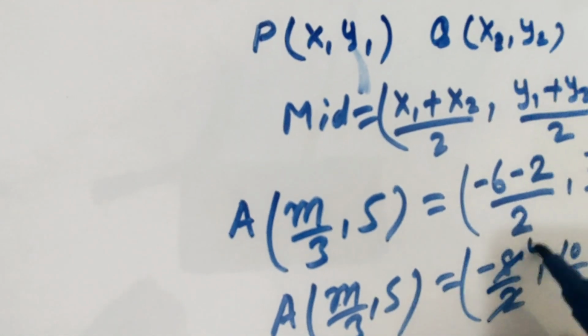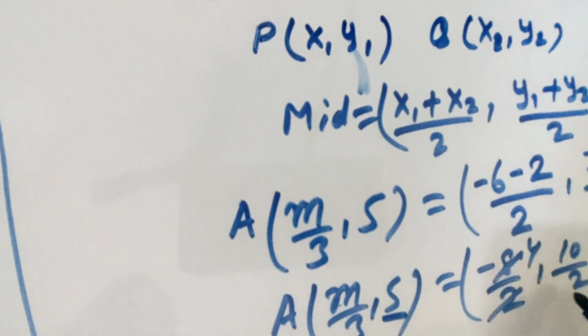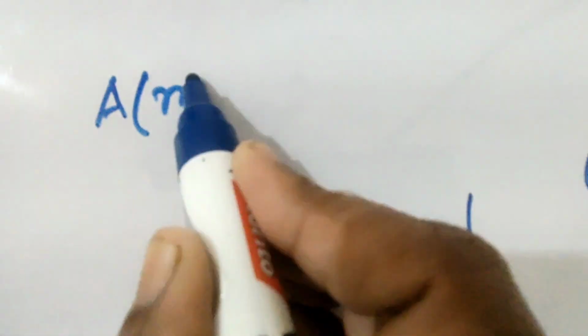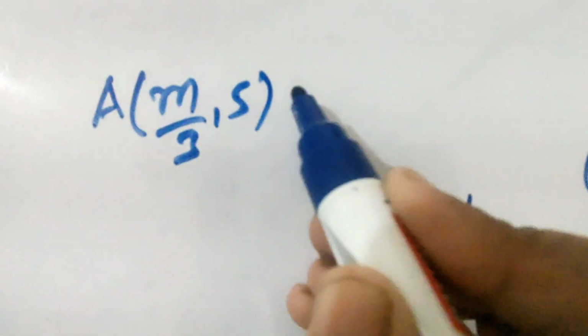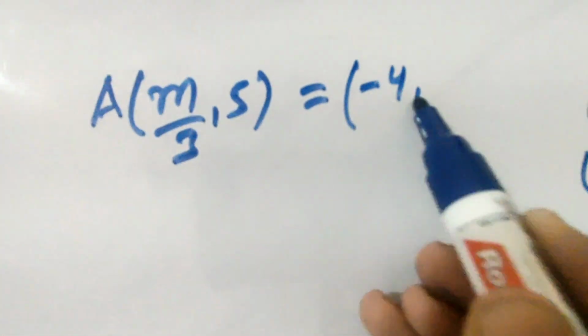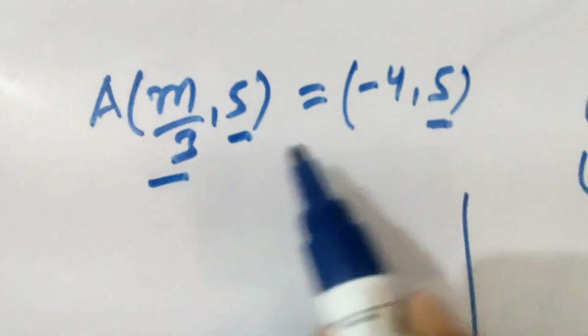The y coordinate is 10/2, which is 5, and the y coordinates are equal. Now I solve this. A(m/3, 5) equals (-4, 5). This is the y coordinate and this is the x coordinate.